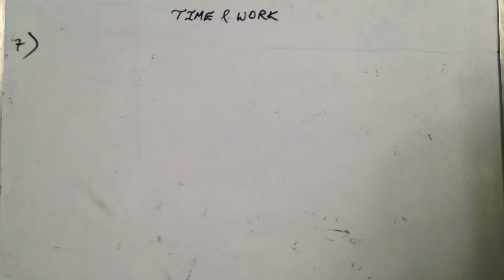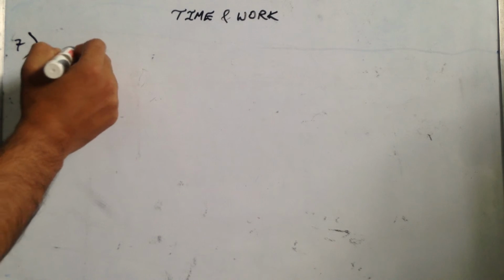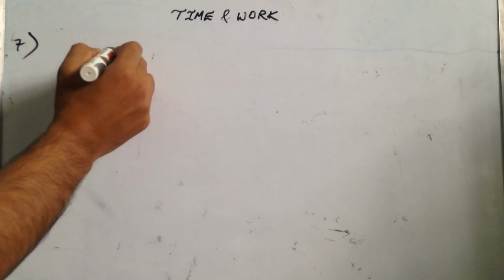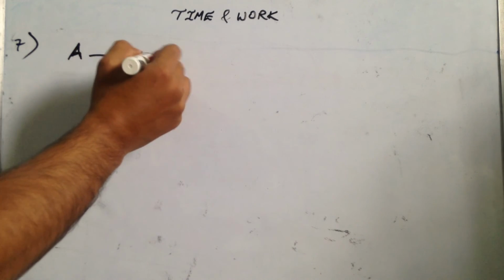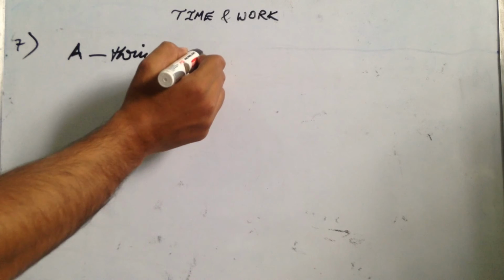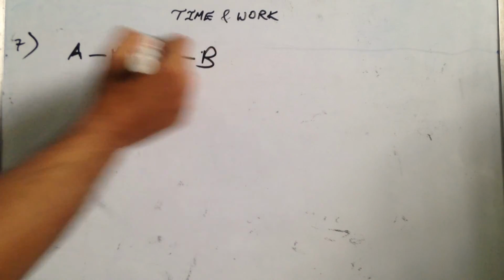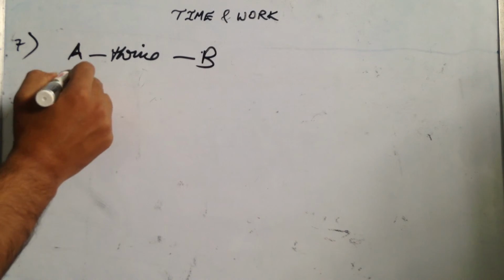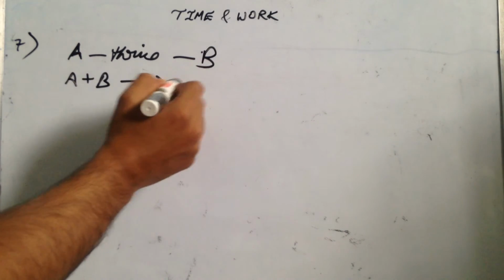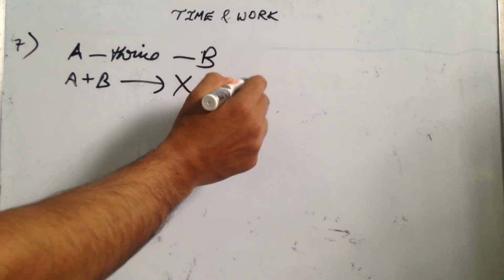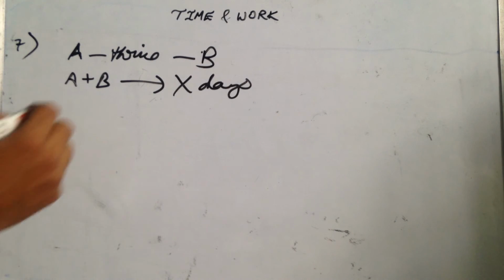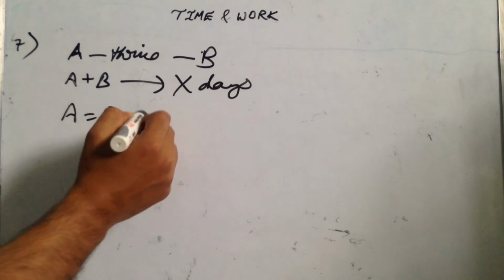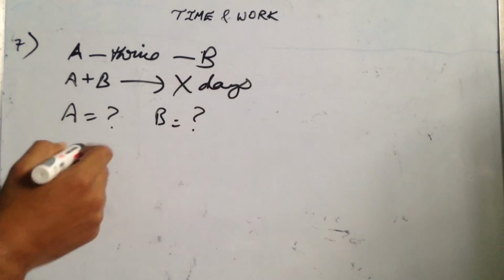Okay, so whenever a question is given, like suppose it says person A is thrice as good as B. And it is given that if they work together, they take X number of days, and it is asked how many days they will take if working alone.